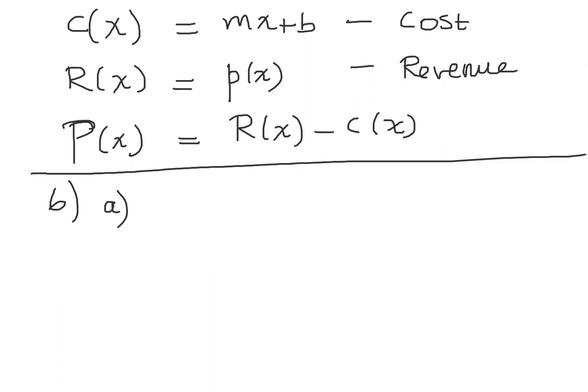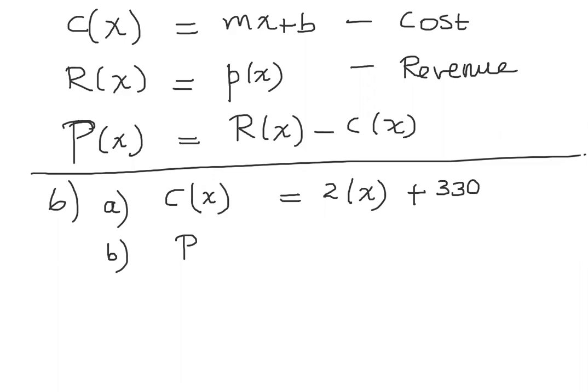Her startup costs include her initial purchase of a power washer, $330, which is a fixed cost, and a fee of $2 per house. So let's first write the cost function. So the cost function is, you always have to have the variable cost. So the variable cost is 2 times x. It's $2 per house, so it's 2x, and the fixed cost, which is $330.